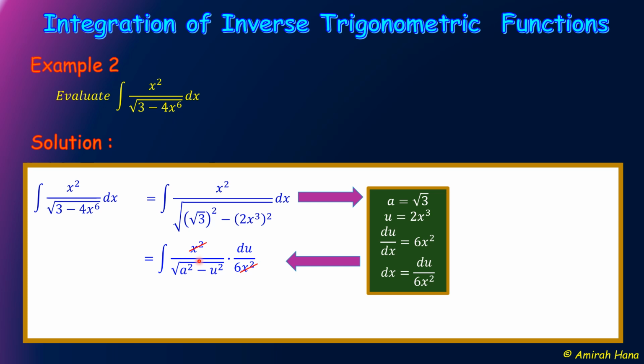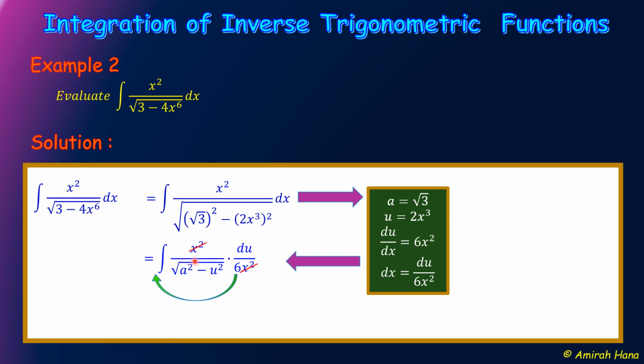After that, we can simplify x squared from the numerator and x squared from the denominator. At the same time, we can move the constant 6 outside the integration sign. We can move constants out of the integration sign, but never move variables out.